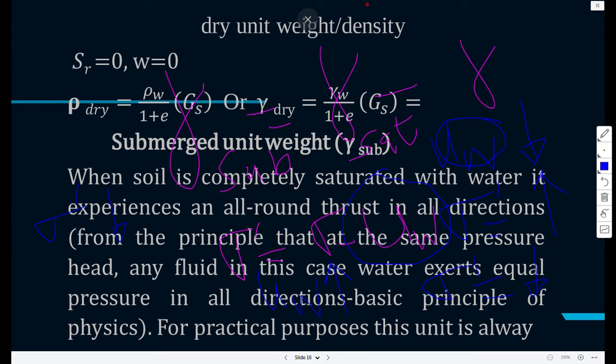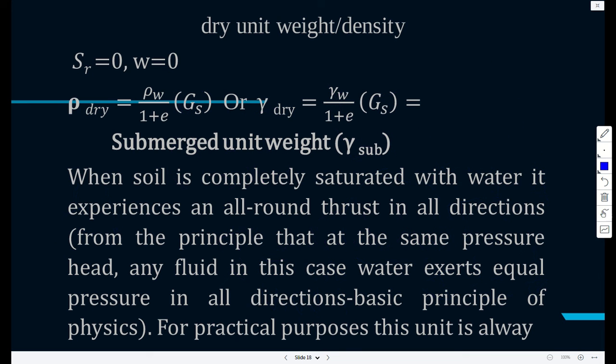That's the reason. In fact, the factor of safety against sand boiling or quicksand condition is usually the submerged unit weight, correct? Which is gamma saturated minus gamma water over gamma water. All right.